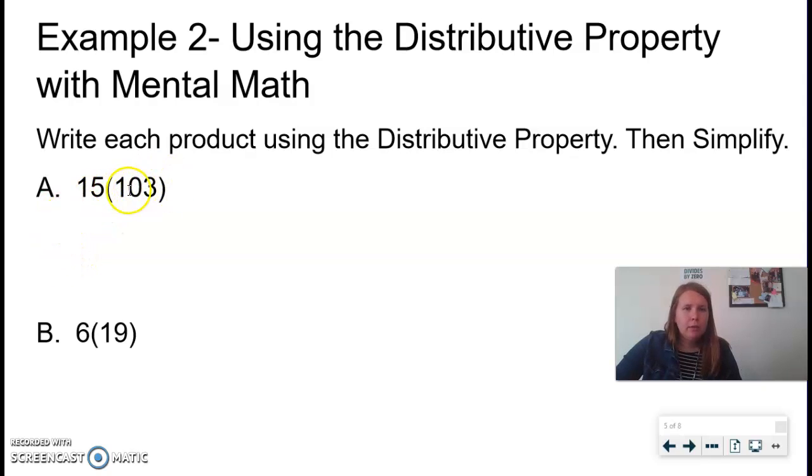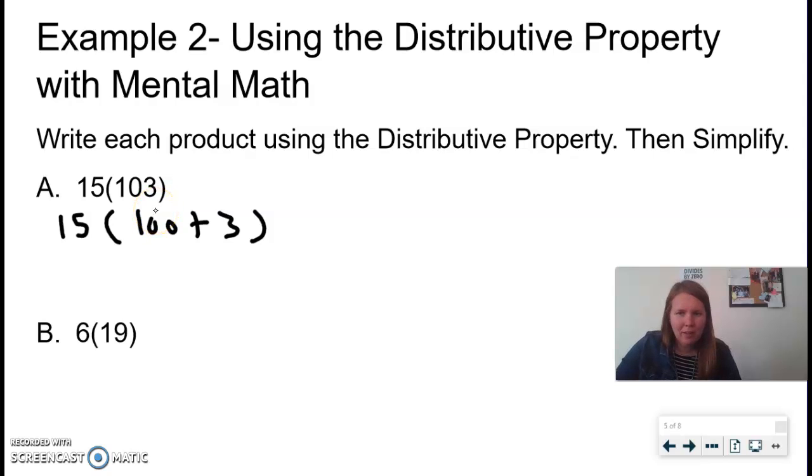So what I want to do is change the inside part to an addition problem, something that's going to be really easy for me to multiply. And so I would say that I'm going to break this down into 100 plus 3. Because isn't 100 plus 3 103? Now I'm just going to use this distributive property, and it's a lot simpler than writing it all out.